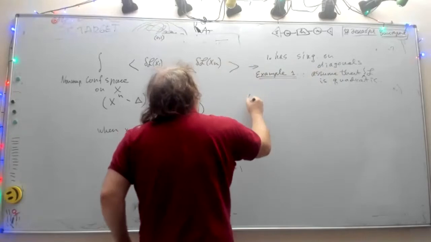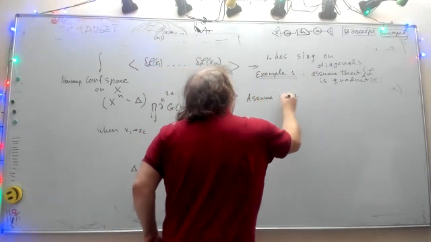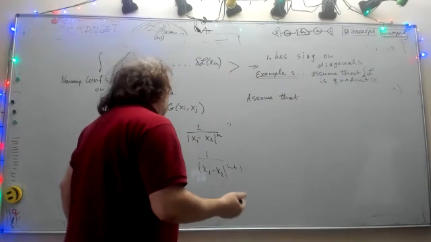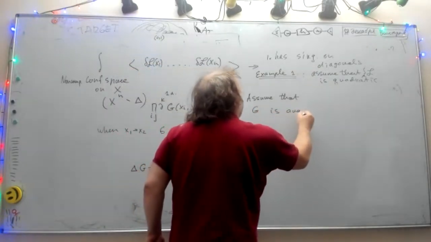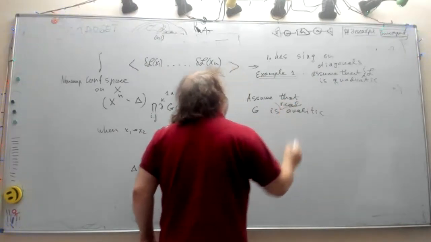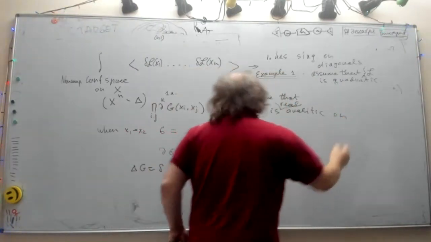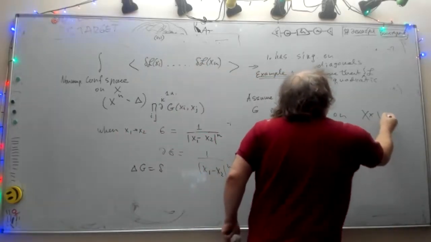So let us assume that the Green function is analytic, real analytic. On where? The Green function is of course a function on X times X. All right.